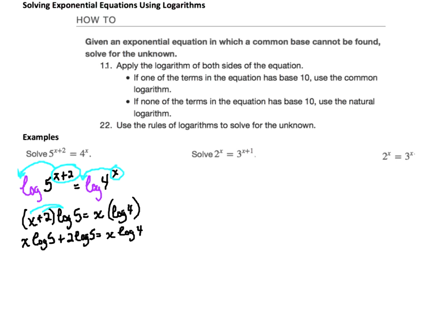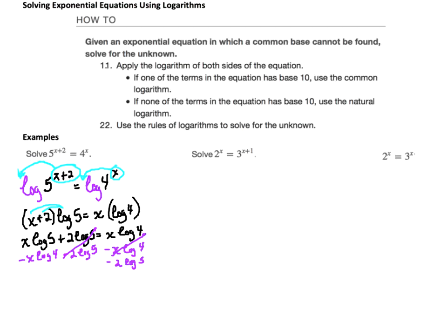And so I need to get my variable terms on one side, so I need to subtract that x log 4. And I need to get my constant on the other side, so I'm going to subtract 2 log 5 as well. So there's my x log 4, 2 log 5.